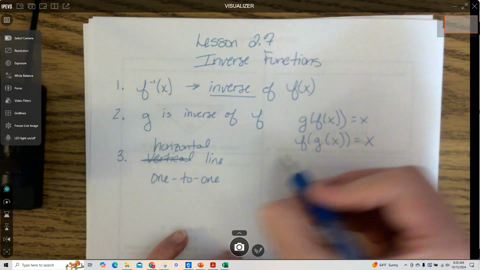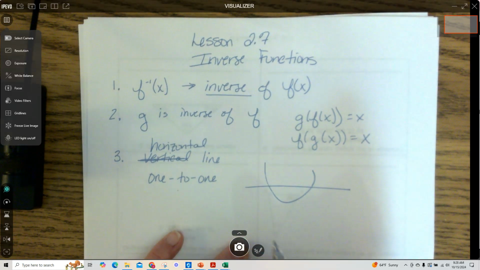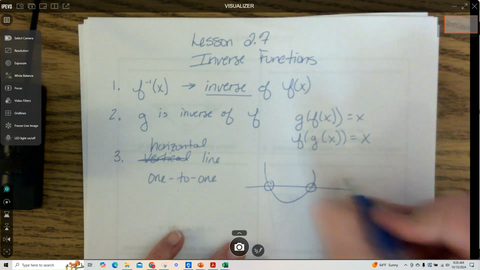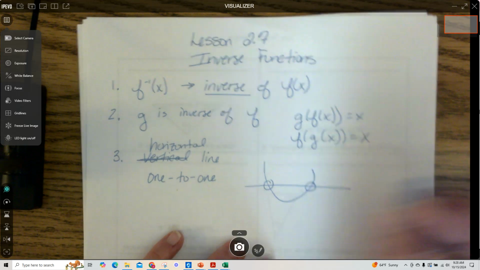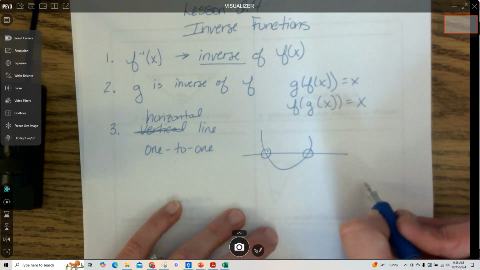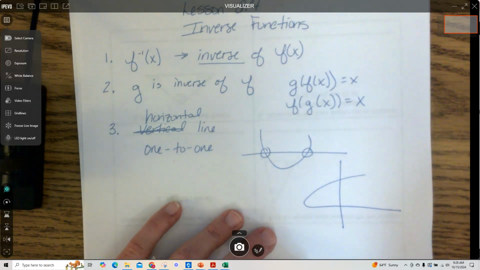So if you take a function like a quadratic and draw a horizontal line on it, and it touches in two places, it means the inverse is not going to be a function. The inverse of a quadratic would not pass the vertical line test.